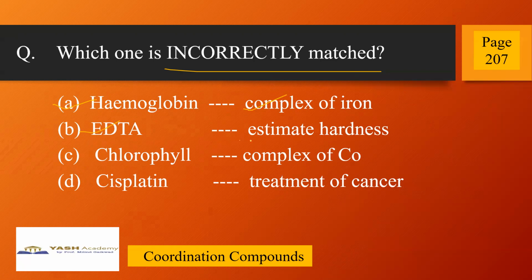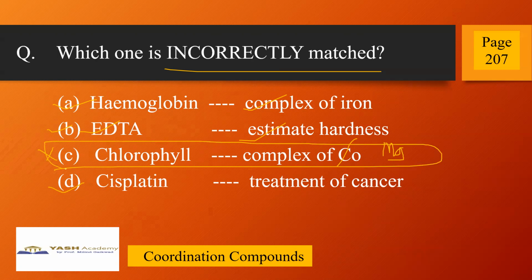EDTA is used to estimate hardness of calcium and magnesium, also used in lead poisoning. Chlorophyll is not a complex of cobalt, it is a complex of magnesium, so this pair is not correctly matched. Cisplatin, treatment of cancer, is correct. So the incorrect match is C.